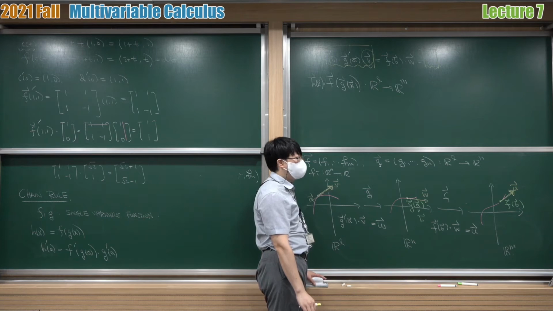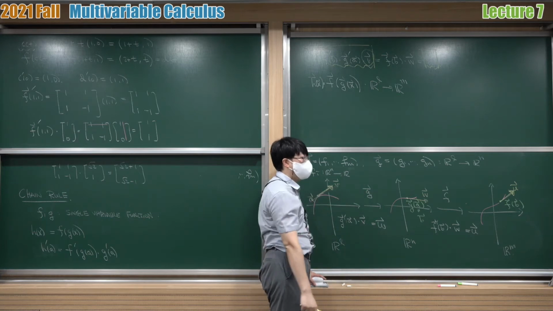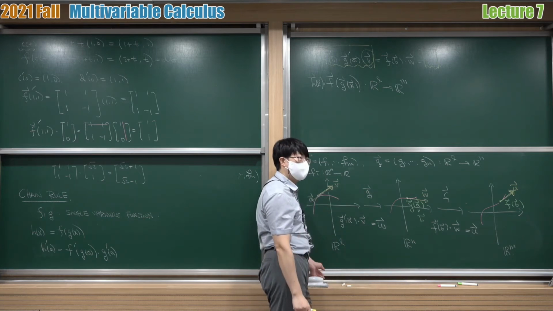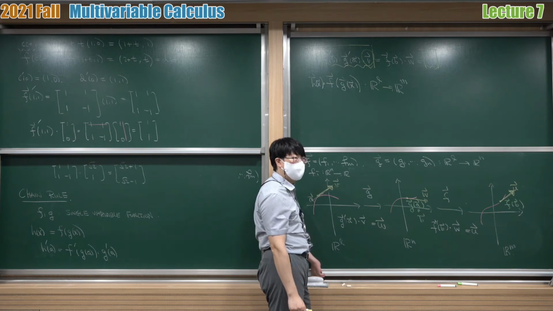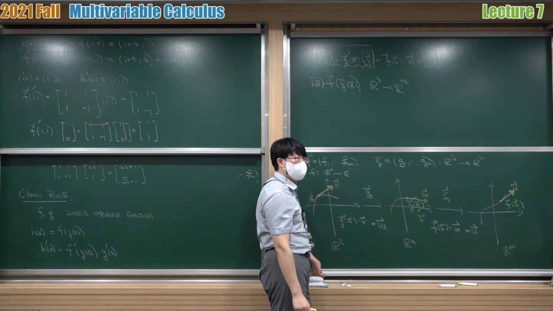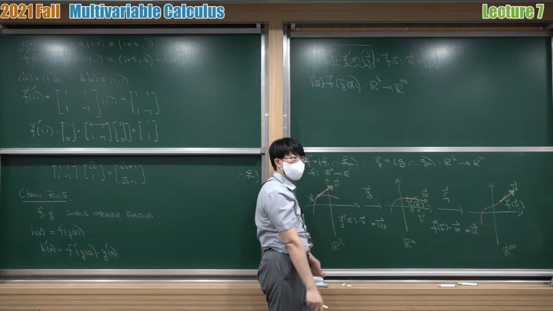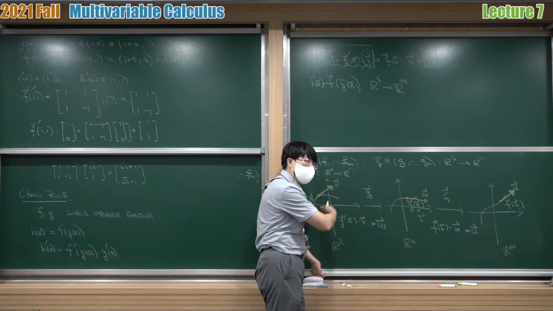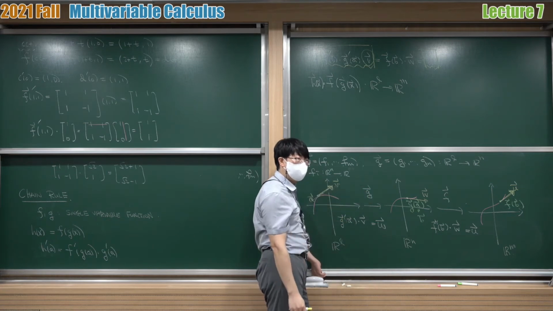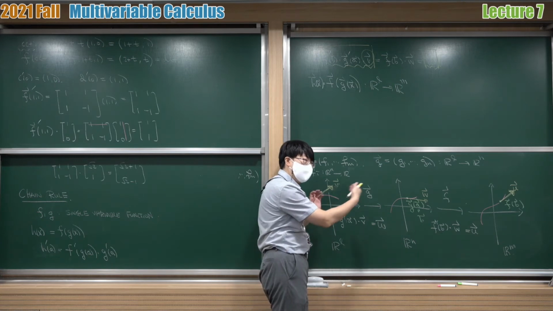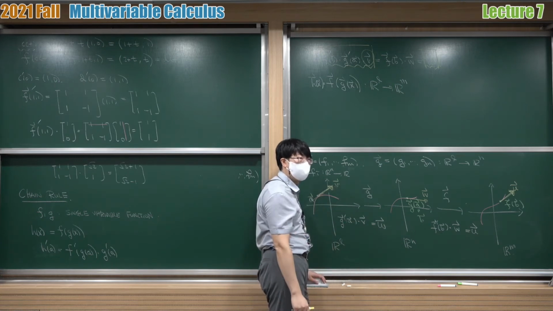What kind of map does that correspondence between these two vectors? That's the differential. The differential connects the tangent vectors in the domain space to the target space, right?